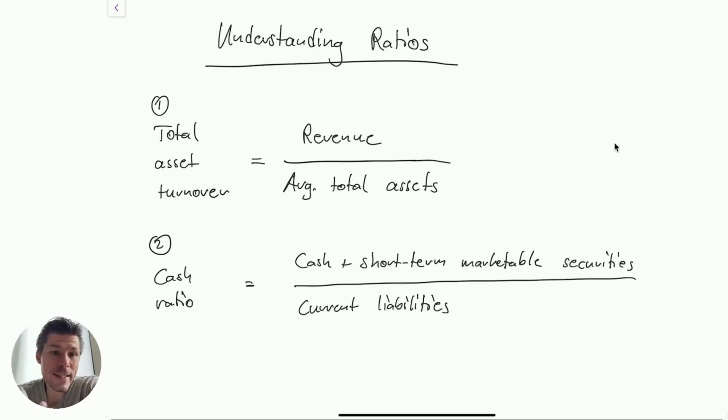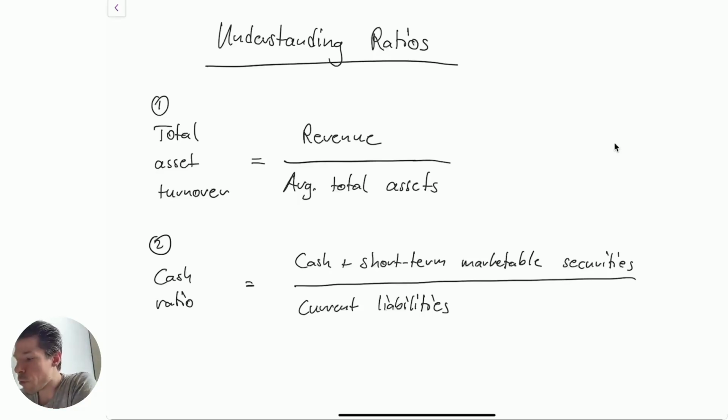If you have no idea and you come across any ratio, there are only two ways of looking at ratios for every single ratio. So let's look at one activity ratio, which is called total asset turnover, which is expressed as revenue over average total assets. And let's say you have never heard this formula, you don't know what this formula means.